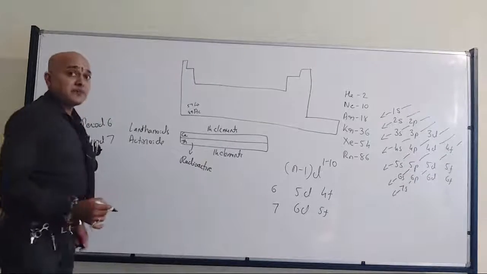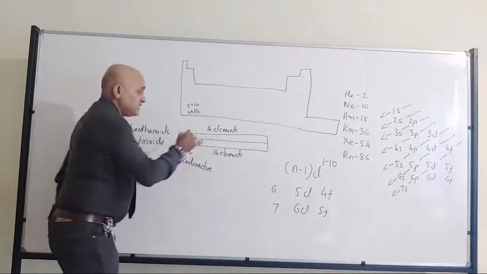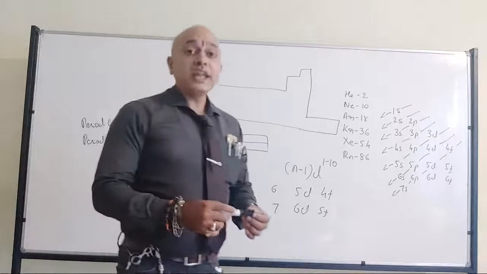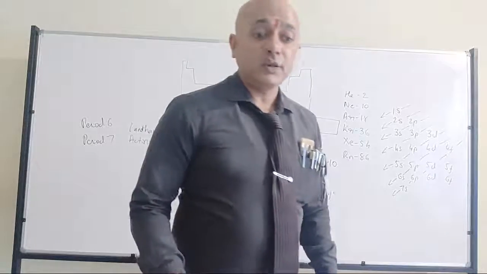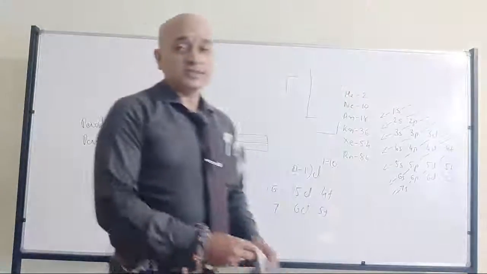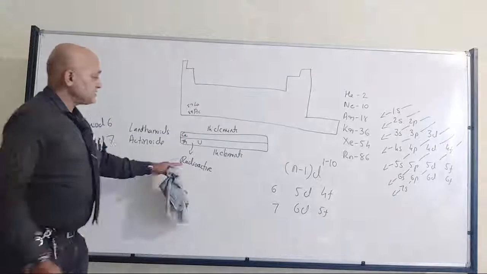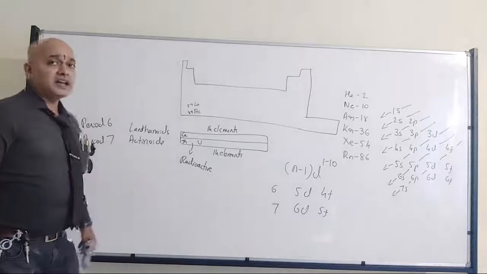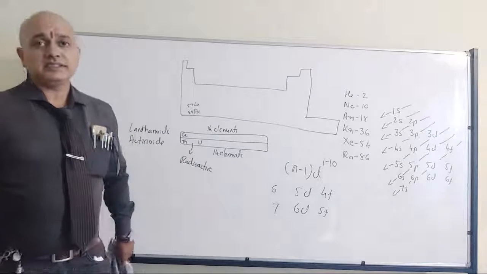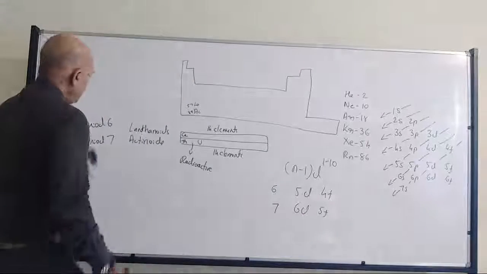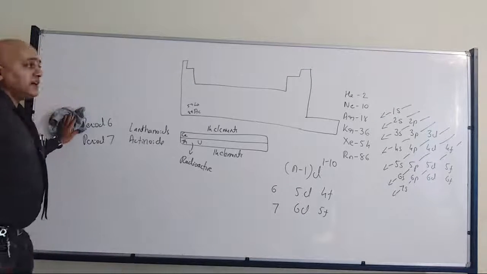And one of the elements, uranium, comes here in the actinoids. All of you might know uranium, which comes in the actinoids. Fine? So that's why most of the actinoids are radioactive elements.